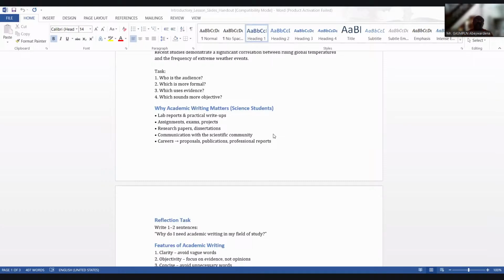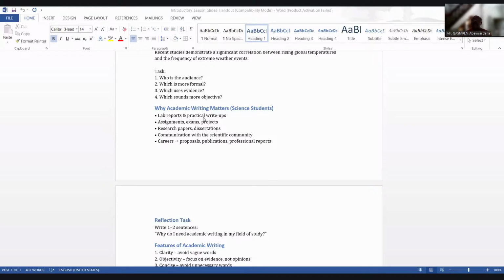Why academic writing matters. That means why it is important and useful for you as science students. You have to write lab reports. Sometimes after doing a practical, you have to write a report.